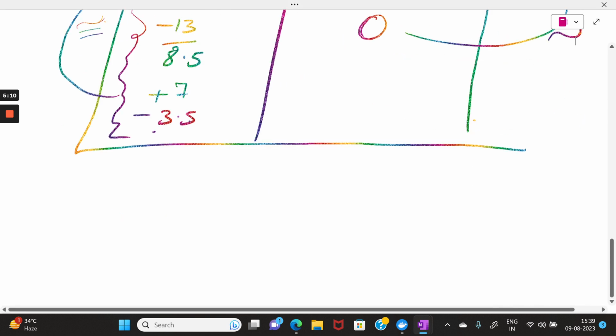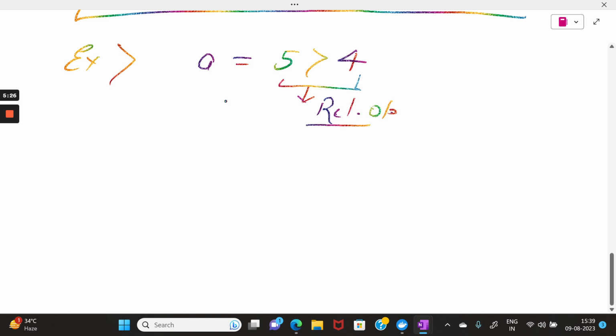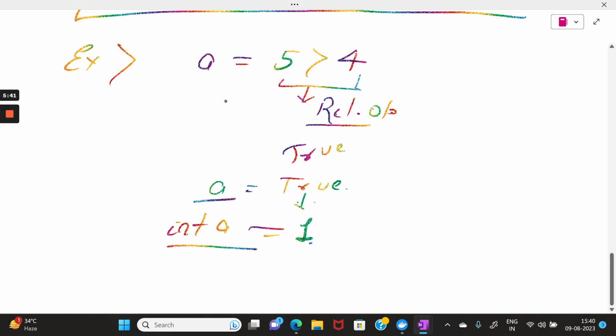Now let's see some of the expressions. For example, a equal to 5 greater than 4. This is a relational operator, of course. Now 5 greater than 4, is it true or false? Of course it is true. So if a is an integer, a equals 1 because it's true.